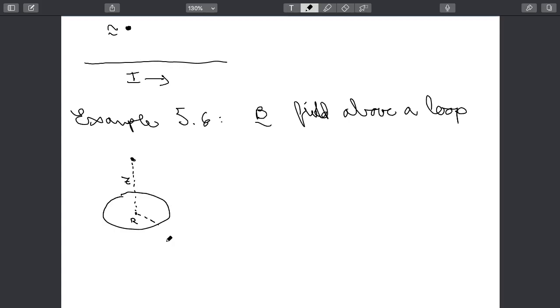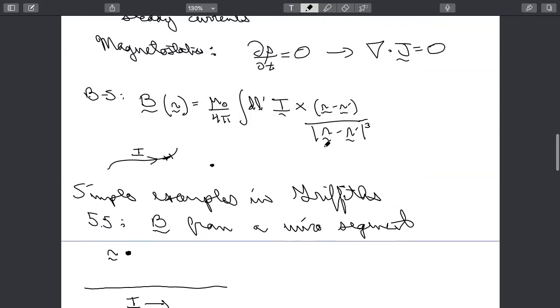Okay, so here immediately we can use symmetry of the situation to understand in which way the field is pointing. So first of all, I've got a current which goes like this. So I've got this current here, I, going in this direction. And now I want to do the integral in the Biot-Savart law.